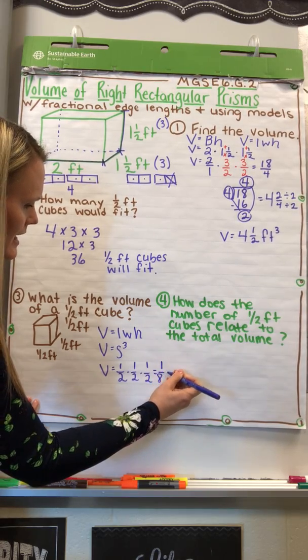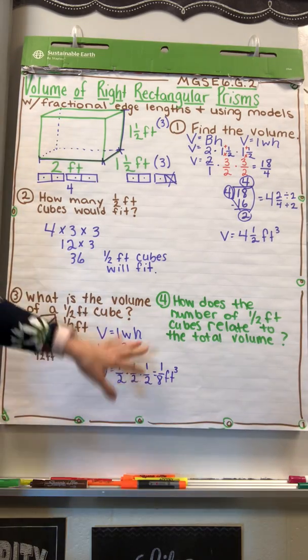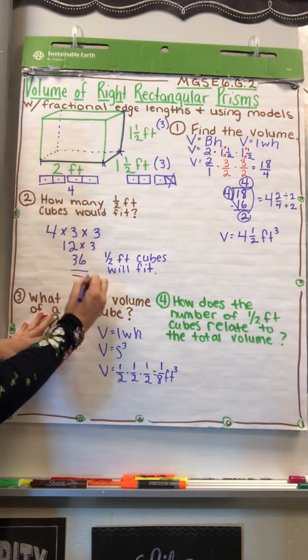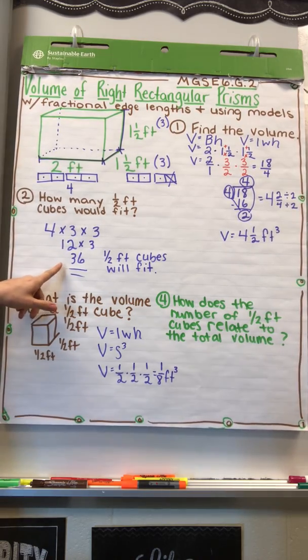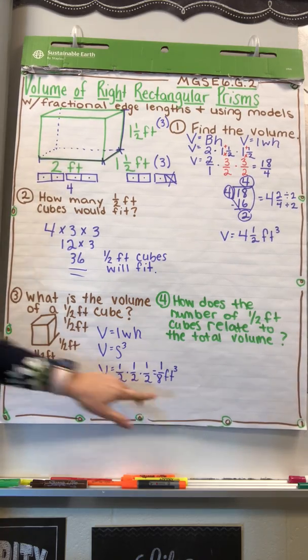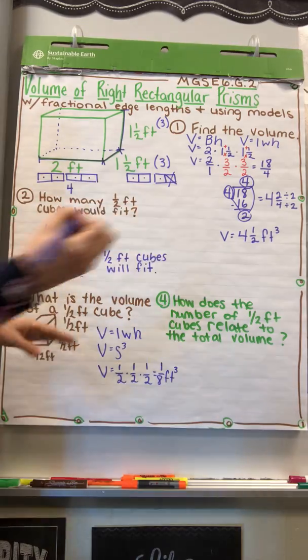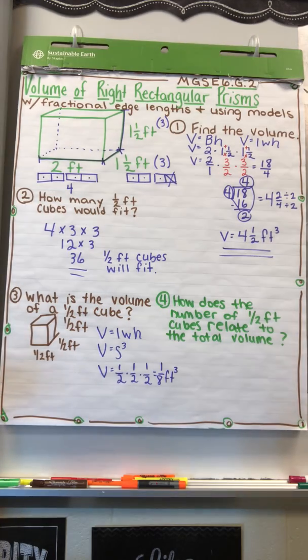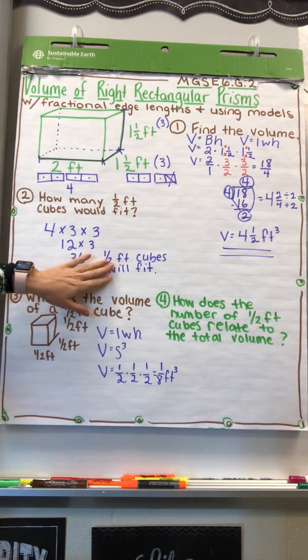So that's 1/8 of a cubic foot. So while 36 of these will fit, the volume of each of these half-foot cubes is only 1/8 of a cubic foot. So we're going to see how that relates to the original volume. That 4.5 cubic feet is the volume of this shape. So how can 36 half-foot cubes fit?